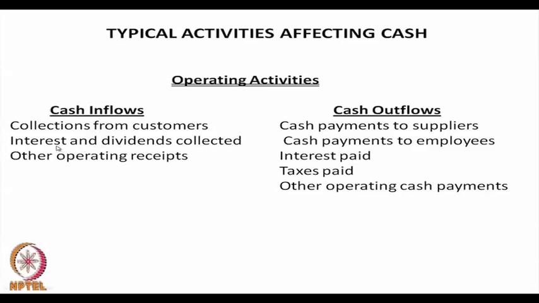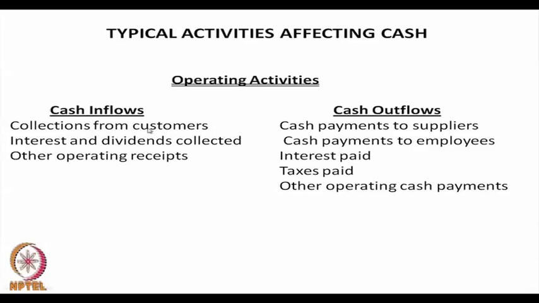If the company has invested in certain bonds or in shares of certain other companies, it gets dividends. If it has bought bonds, it gets interest and other operating receipts. So, these are the main cash inflows. Collections from the customers is the main thing.